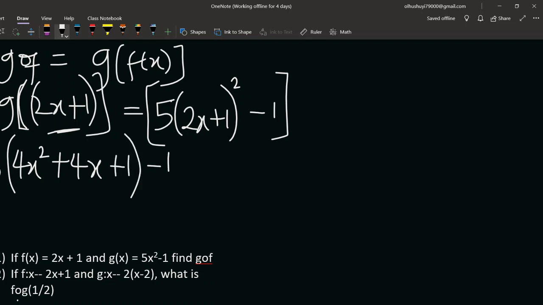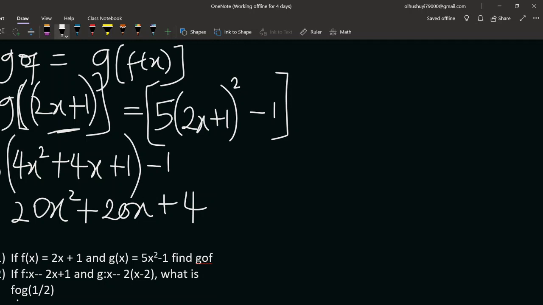This, 5 times the brackets, minus 1. So what do we have? We have 20x squared plus 20x plus 5 minus 1, that will be plus 4. So we have plus 4. So this is the nature of function we are to be having.